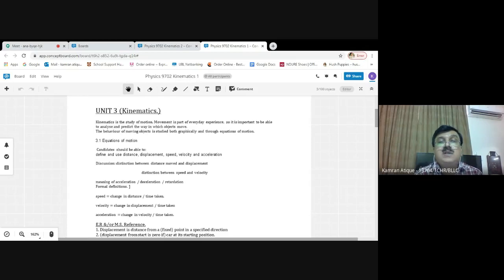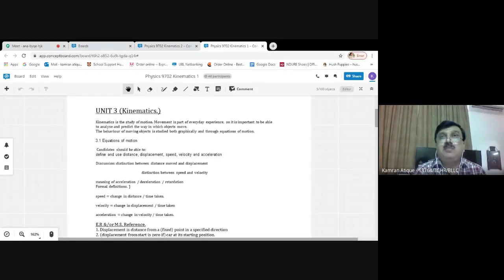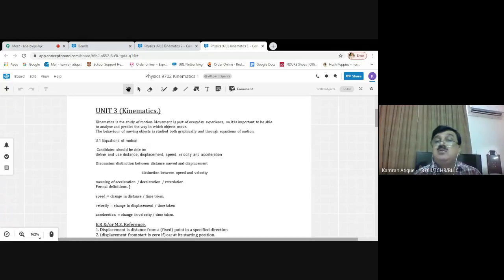Because in today's kinematics, we are not only dealing with the movement of objects in daily life, but we are also dealing with the motion of particles like electrons around the nucleus, and we're also dealing with the motions of objects like planets in the solar system around the sun.